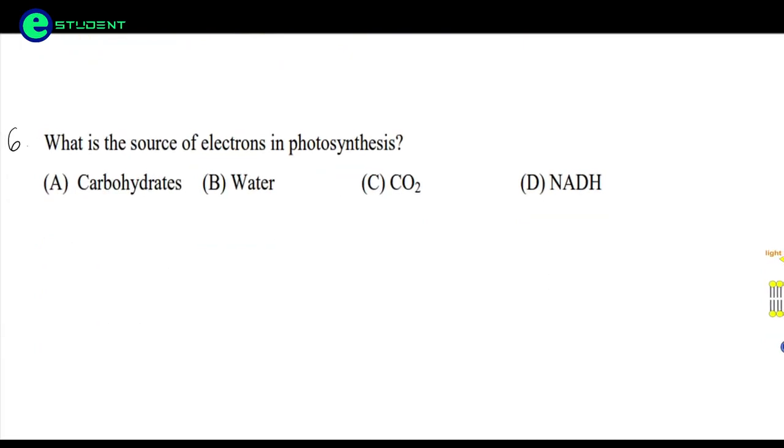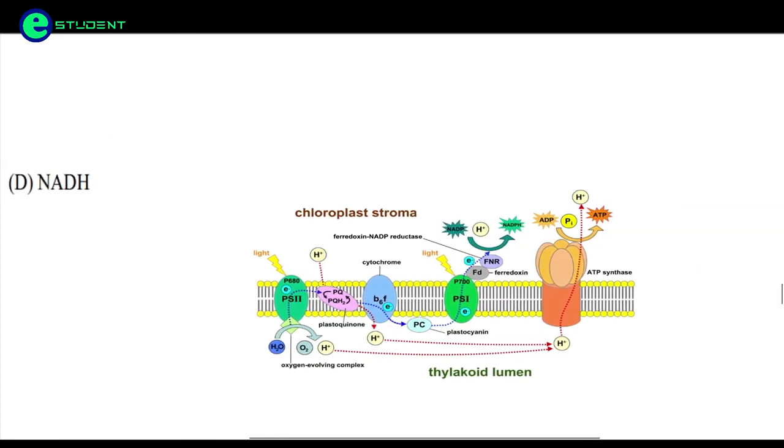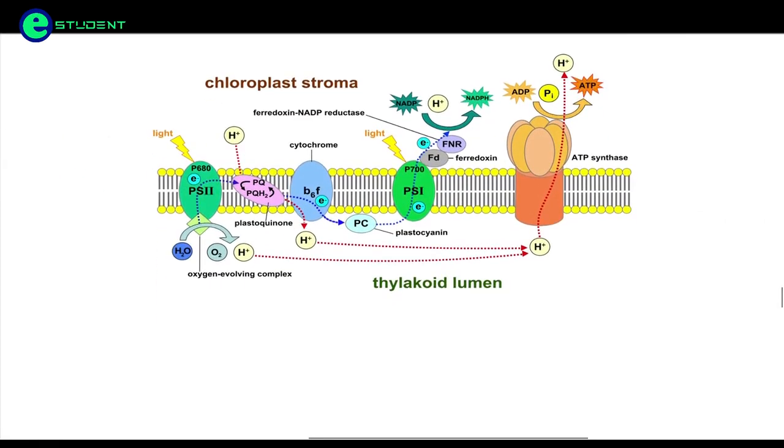What is the source of electrons in photosynthesis? So we know that whenever there is light on photosystem 2, the electrons are excited from photosystem 2 to the plastoquinone. Here the source of electrons is the water, H2O.